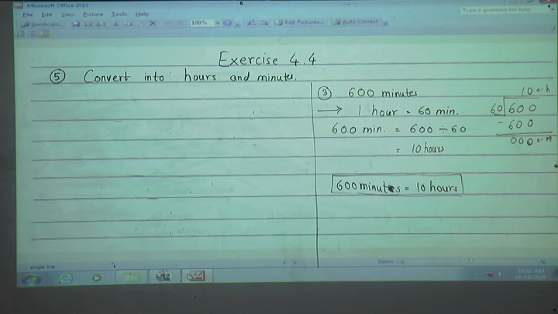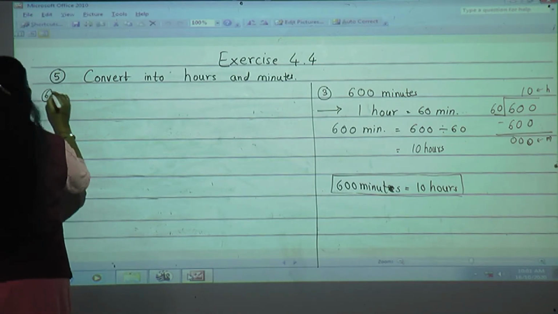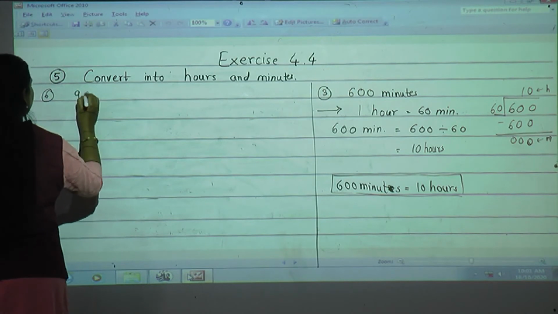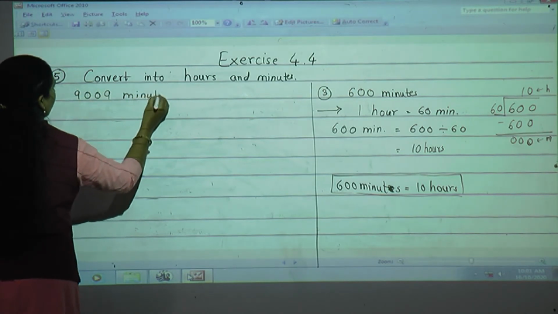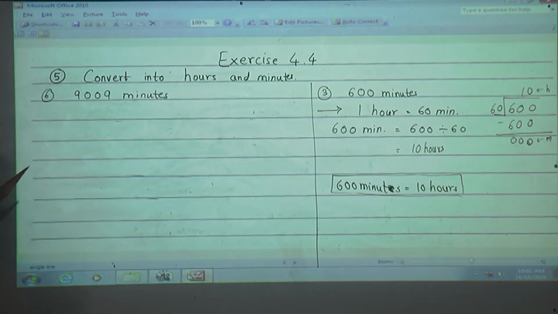Sixth one I will solve for you. See the sixth one. What is the question? 9009 minutes. A four-digit number they had given. So don't worry. In the same way we are going to solve, how we have solved just now.